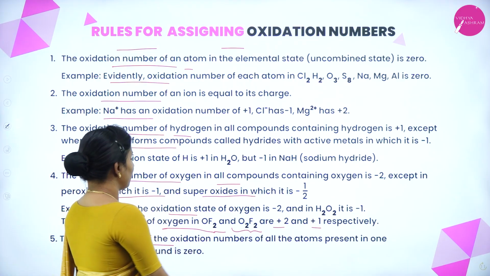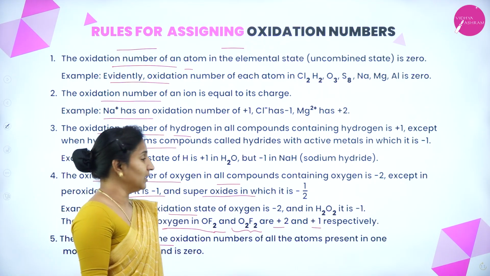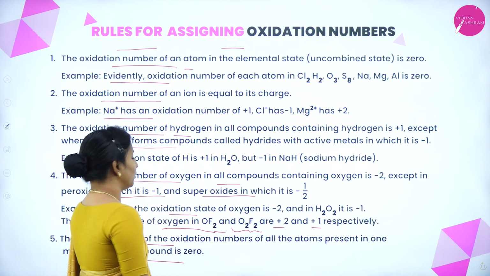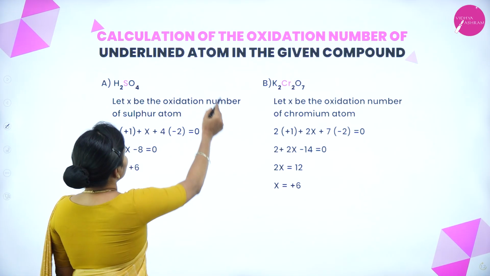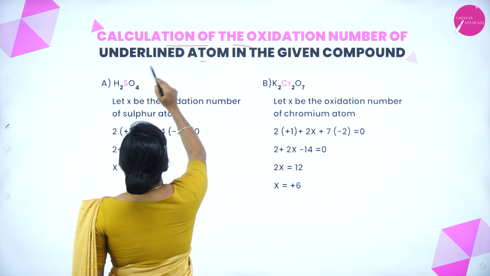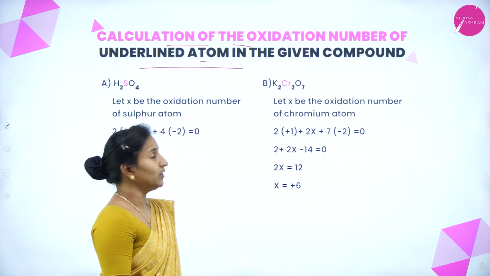The algebraic sum of the oxidation numbers of all the atoms present in one molecule of a compound is 0. Calculation of the oxidation number of the underlined atom in the given compound.